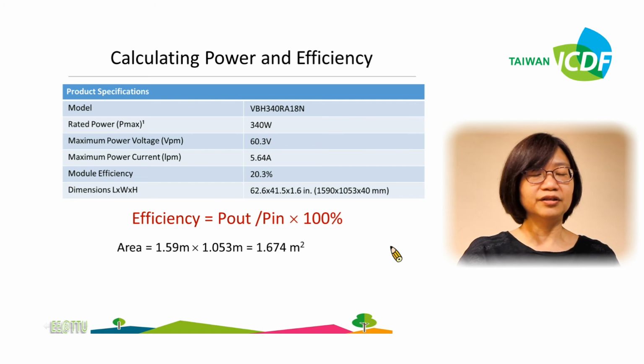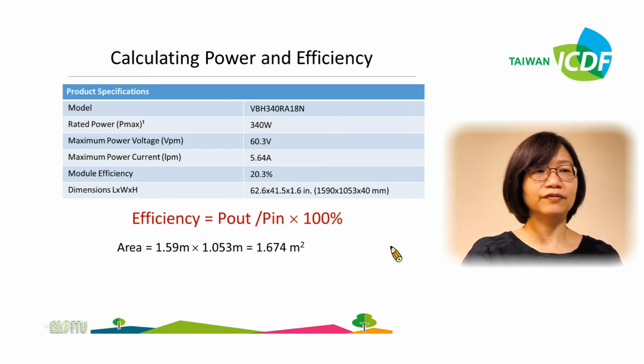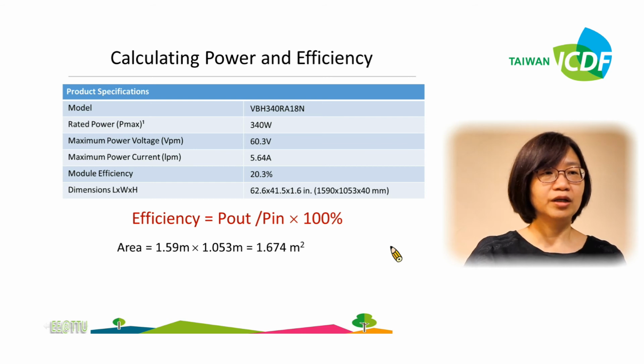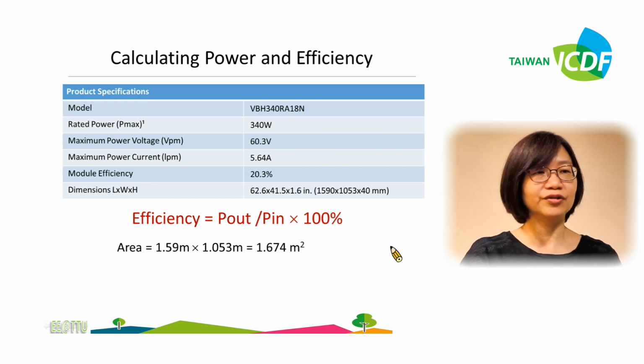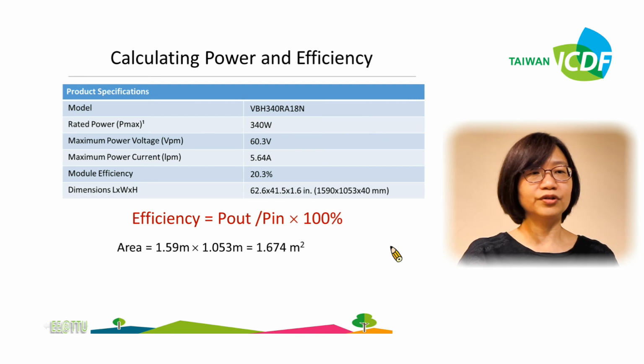To get the number, first we need to figure out the area of the solar module. Here in this table, we have the dimensions, the length and width. So the overall area is 0.674 square meters.